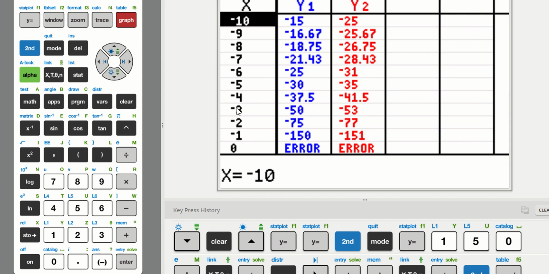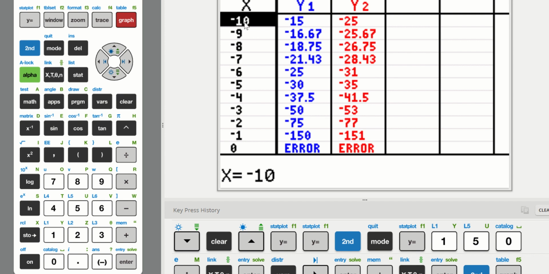And so what you'll see is that these two numbers in the first two columns are what multiply to 150. In the third column, that's what the first two numbers add to. So for example, negative 3 and negative 50 are going to multiply to 150, and they're going to add to negative 53. Now what we're looking for in this last column is negative 25, which is right here.